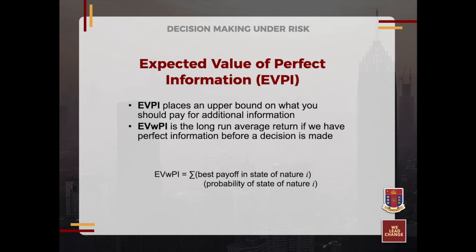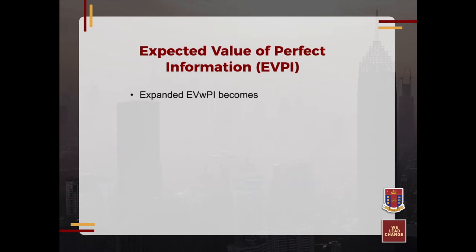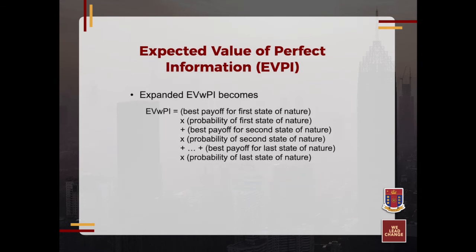Now, with EVWPI, that is the best payoff in the state of nature multiplied by the probability of state of nature. So since it is expected value, we are basically still using the same formula but just plugging in very different numbers. So let's first go to expected value of perfect information.